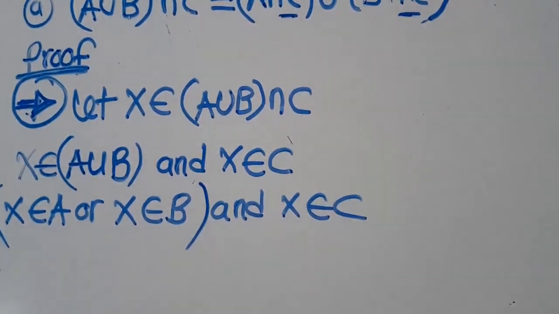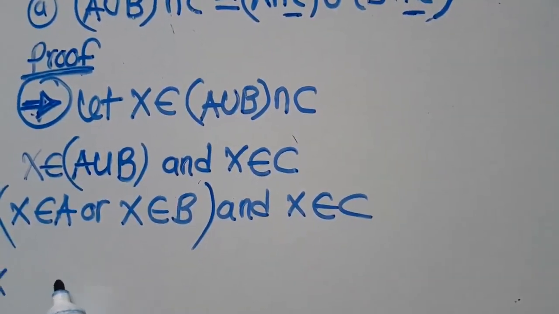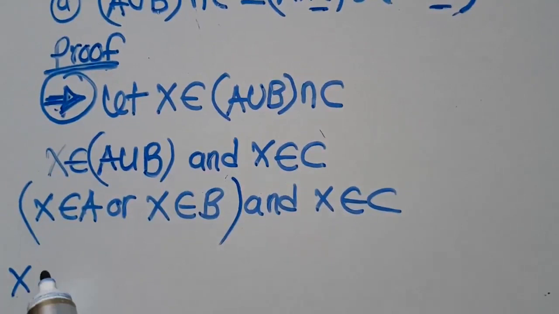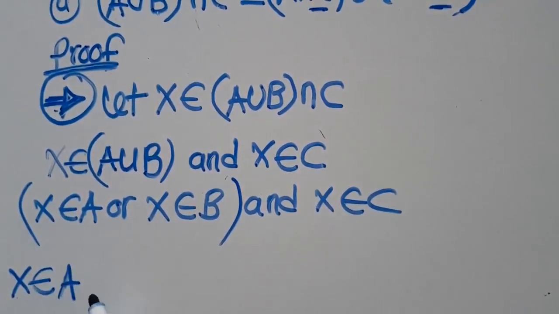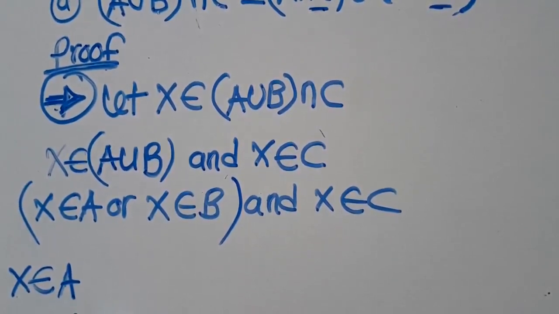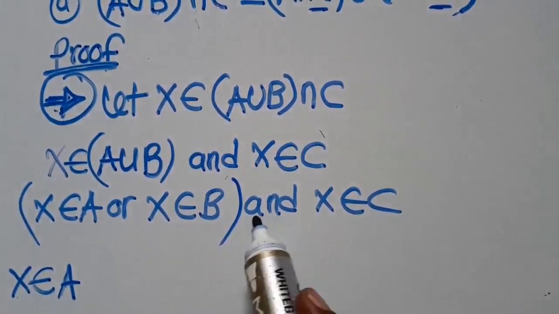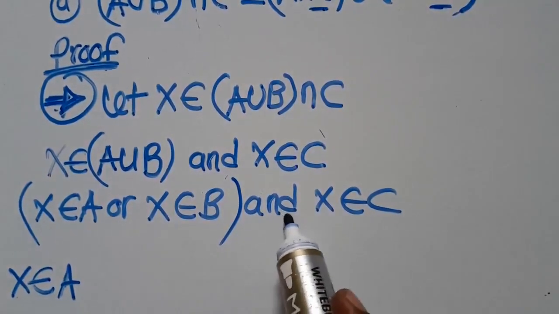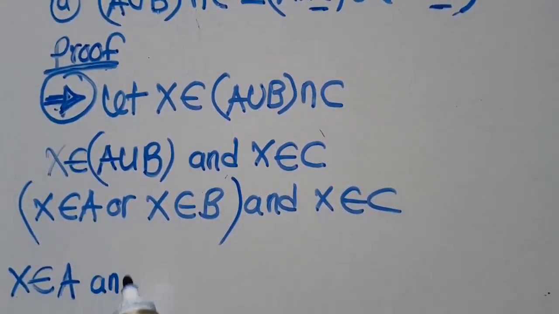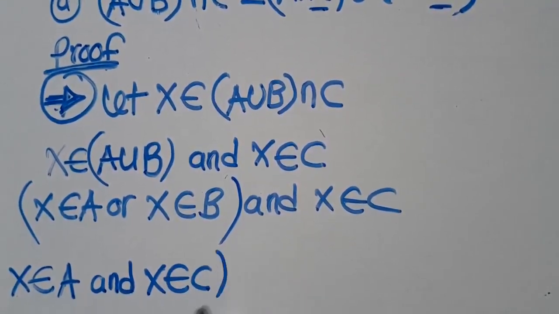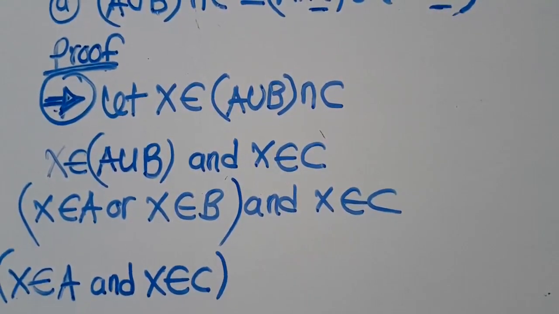You say X, to do this, X is a member of what? X is a member of A, and X is a member of C. I put these together like this.